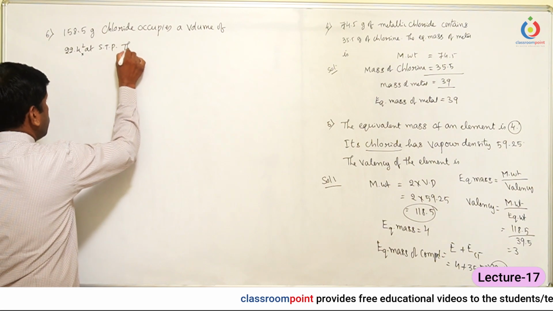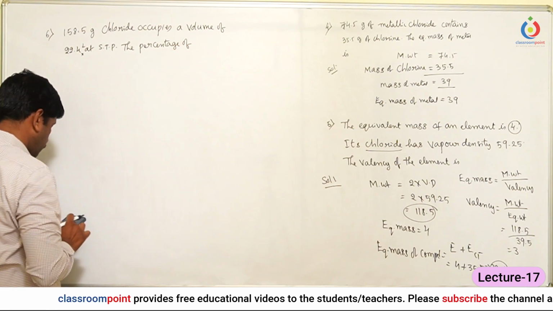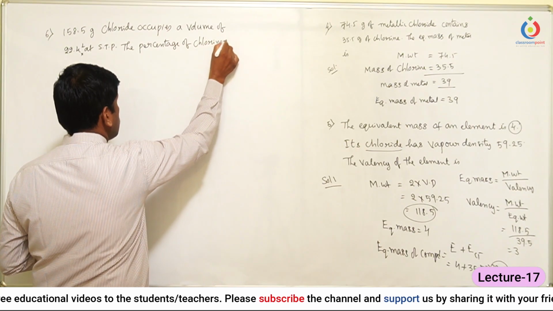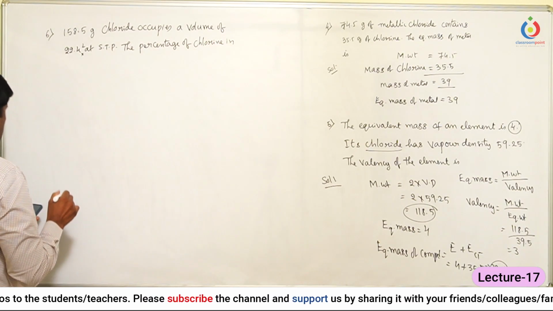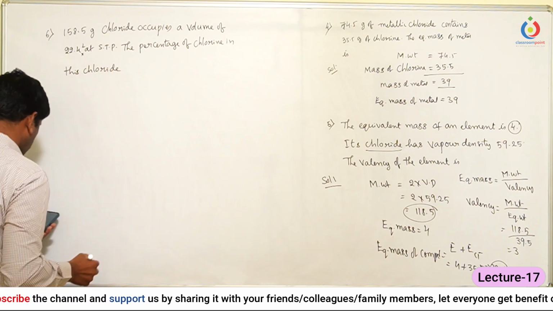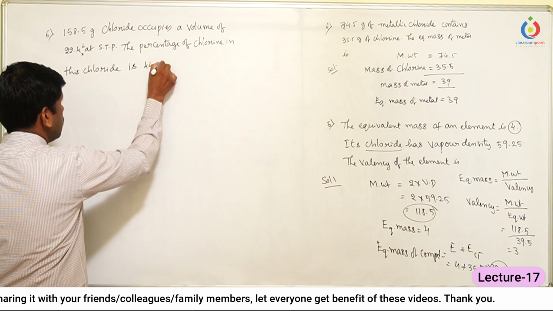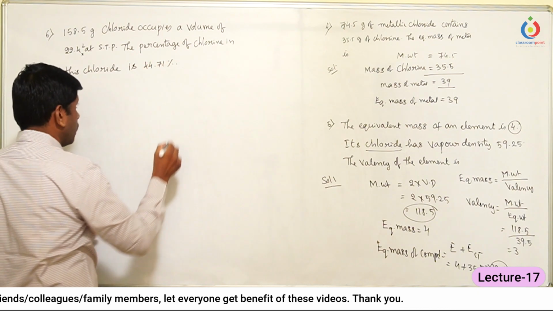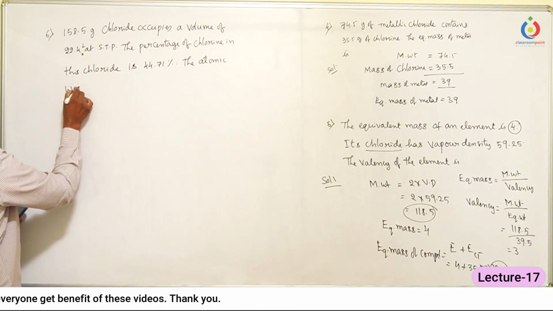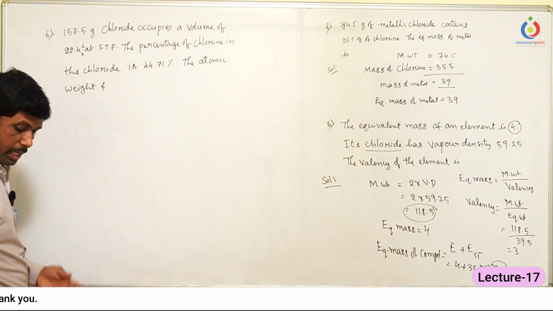The percentage of chlorine in this chloride is 44.71%. The atomic weight and valency of the element is?